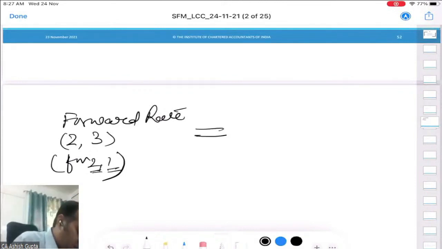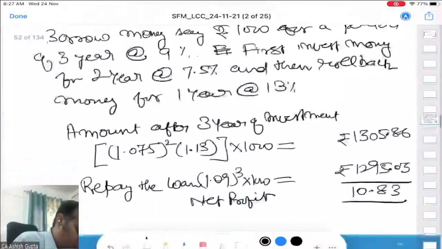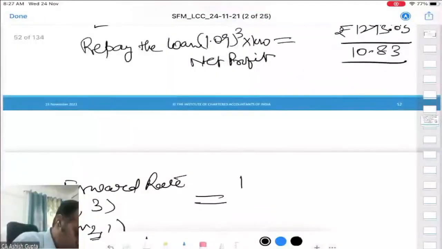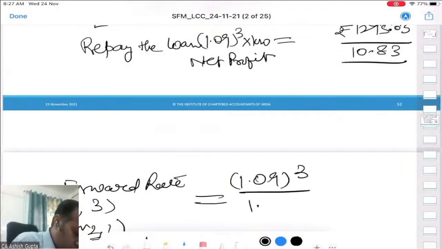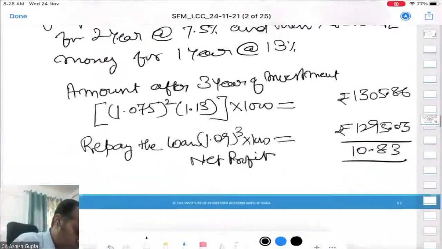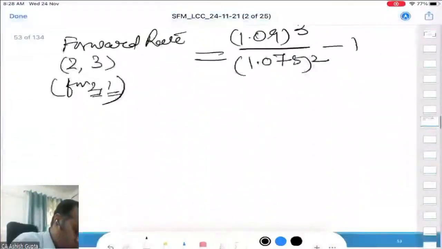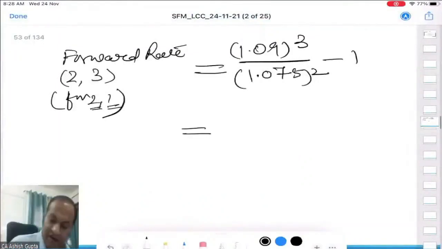So in that case we can compute it that way. Okay, let us compute it.